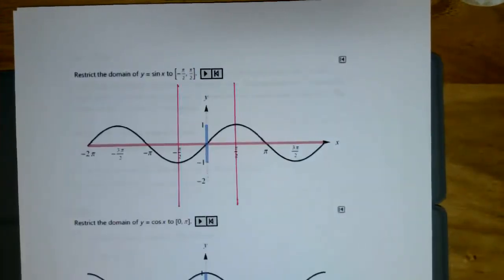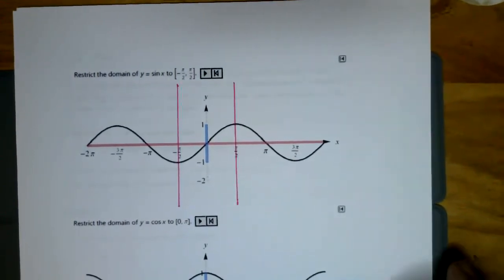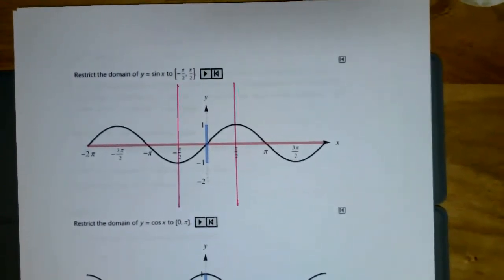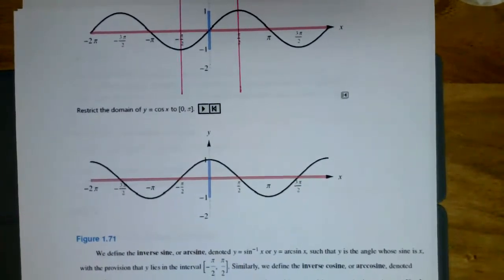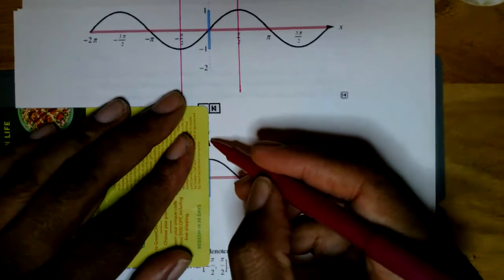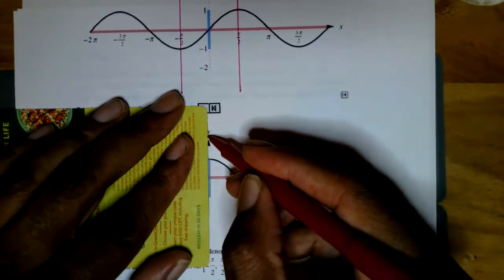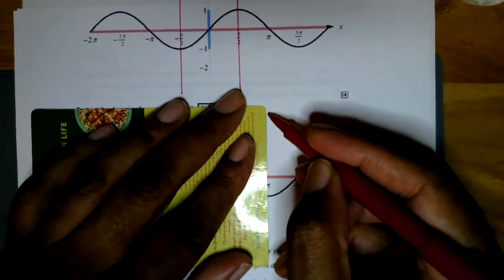Now let's look at the cosine of x, the graph of y equals cosine of x. If we were to restrict that domain, this time from 0 to pi, here's 0 right here, which is of course the y-axis, so pi would be over here.